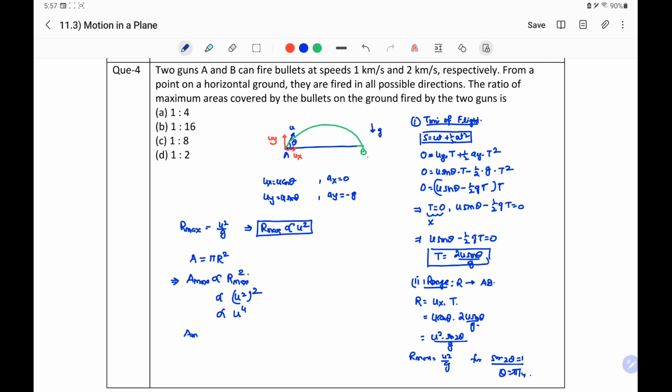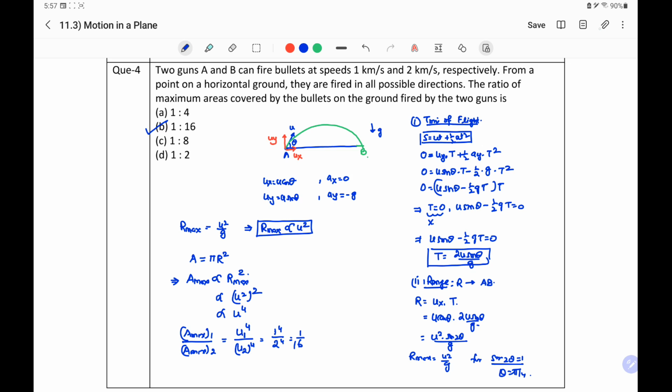Therefore, maximum area covered by projectile 1 divided by the maximum area covered by projectile 2 will be equal to speed of projectile 1 raised to the power 4 by speed of projectile 2 raised to the power 4. u1 is 1 and u2 is 2, so it is 1 by 16. Hence option B is the correct option.